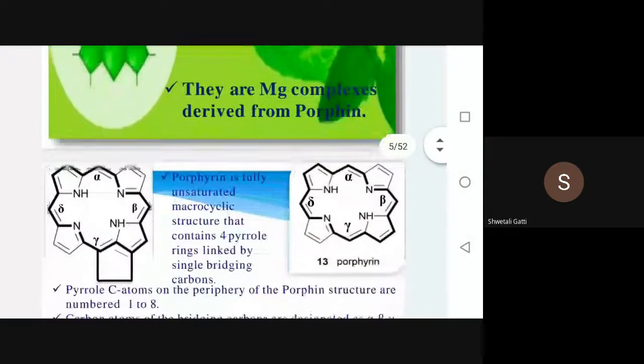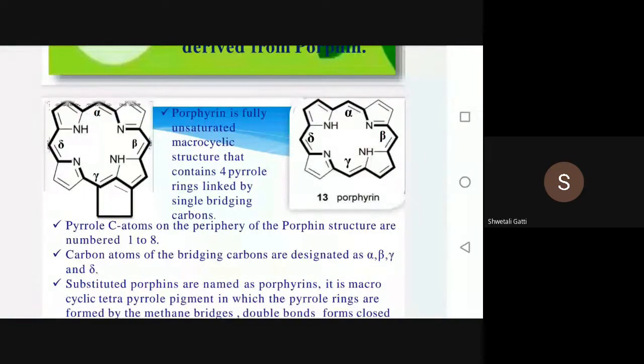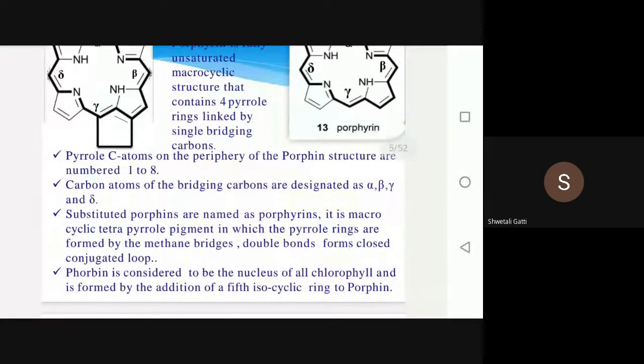We'll see another structure. See this one, the porphyrin rings. These rings are the base of the chlorophyll structure, and they have pyrrole carbon atoms on the periphery of the porphyrin structure, which are numbered from 1 to 8, and these carbon atoms are designated as alpha, beta, gamma and delta. The substituted porphyrins are named as porphyrins, and it is a macrocyclic tetrapyrrole pigment in which the pyrrole rings are formed by the methane bridges.